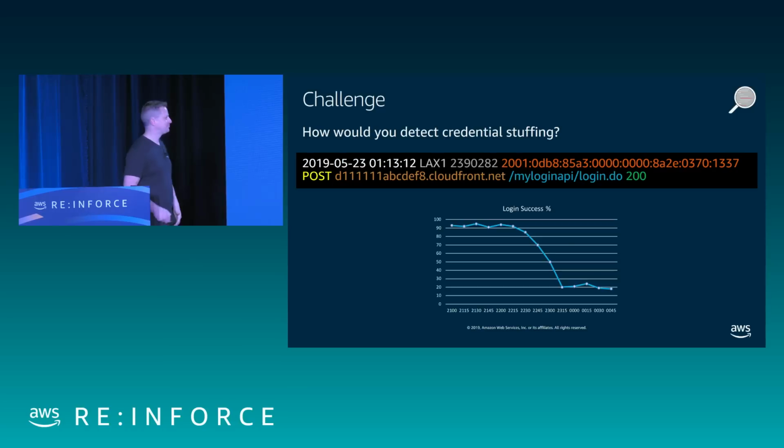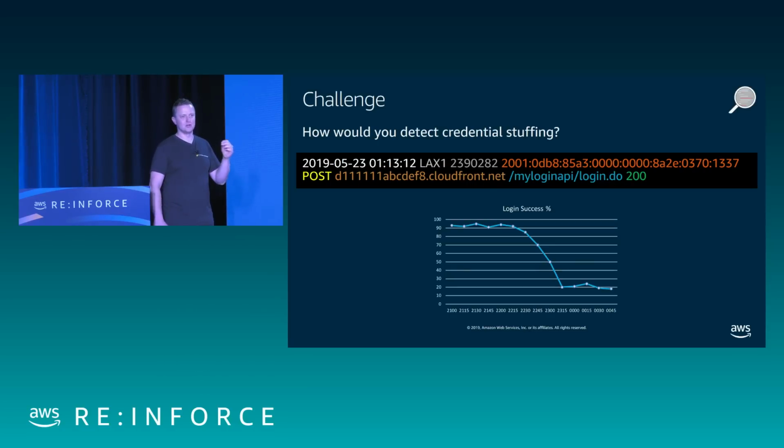So what else can you do? We can build an application level metric that can detect the login success and report it over time. Normally login success is over 90%, and then one day, towards midnight, that login success starts to drop off. They're all legitimate requests to the login page, but they're using a password tool that uses known passwords, and they're guessing an account ID, or maybe they're actually a proper customer and they're using a customer account ID.